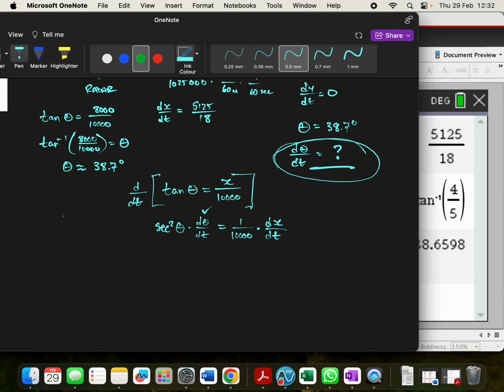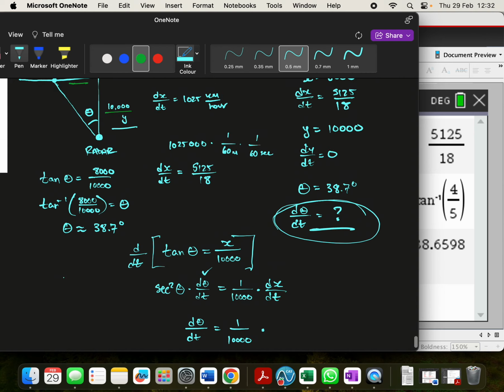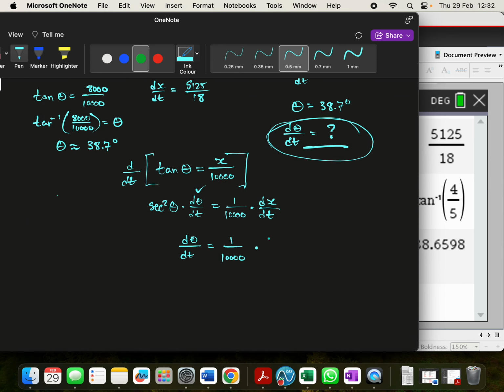All right, now we're going to sub what we know and what we don't know. So d theta dt equals 1 over 10,000 times dx dt, which we saw was 5125 over 18, all of this divided by the secant squared of 38.7. And this should give us d theta dt.